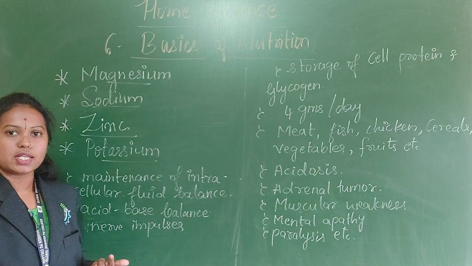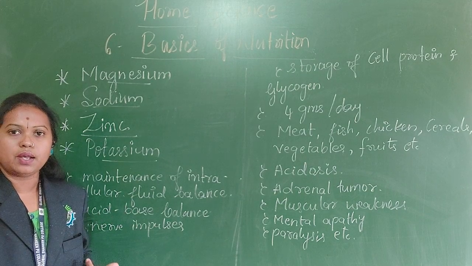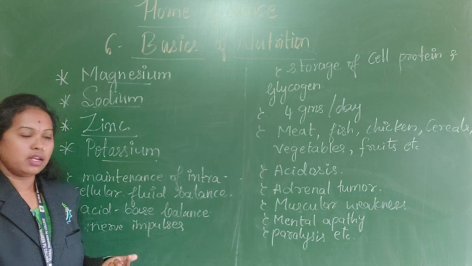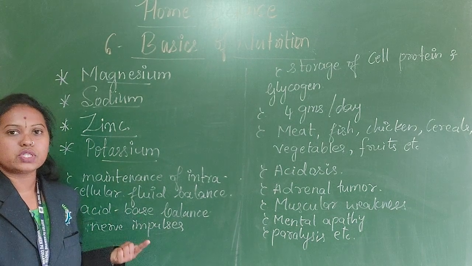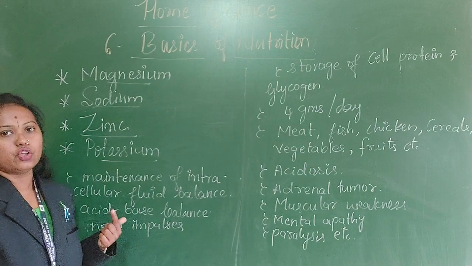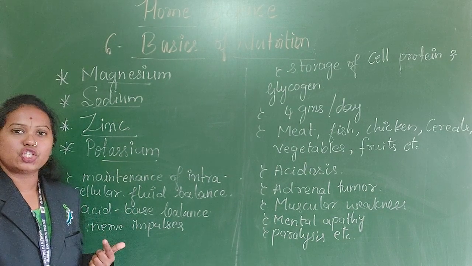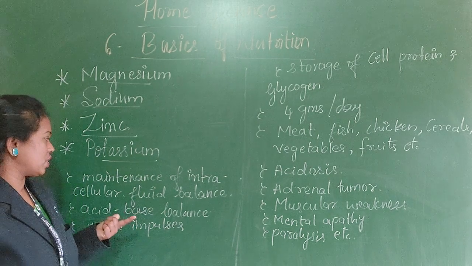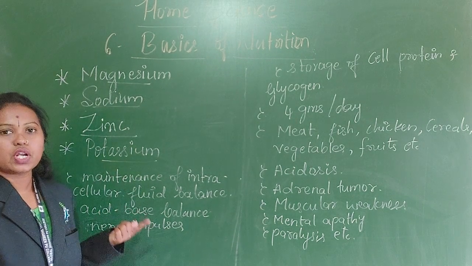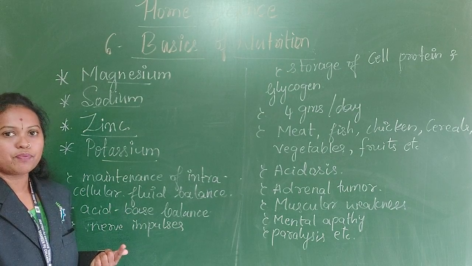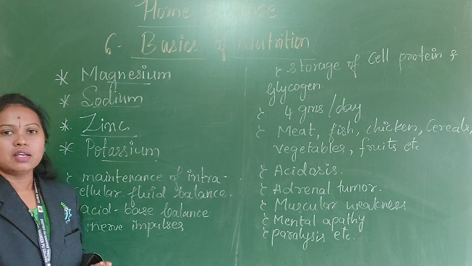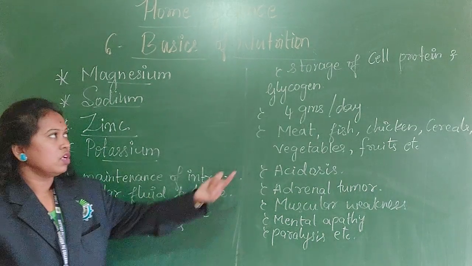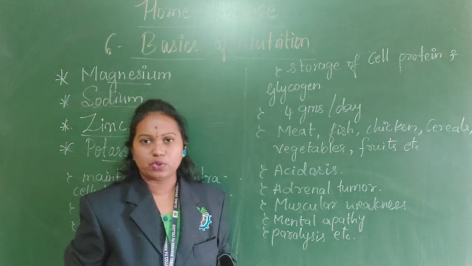functions such as relaying nerve signaling and regulating muscle contraction. And this is the third most abundant mineral in the human body after calcium and phosphorus. The functions are maintenance of intracellular fluid balance, acid-base balance, transmission of nerve impulses, storage of protein and glycogen.